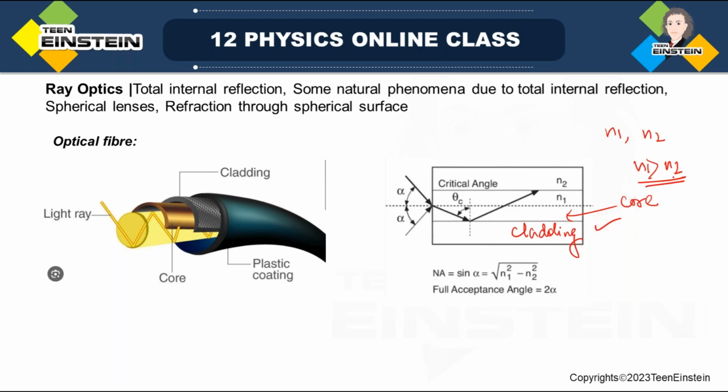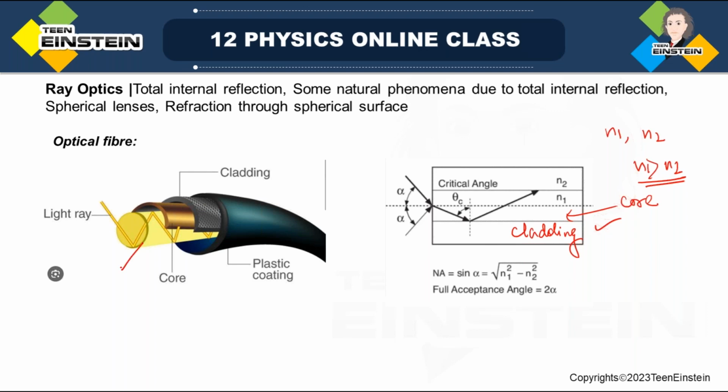So an optical fiber is a very thin, long strand made of glass or quartz surrounded by a glass coating of slightly lower refractive index.